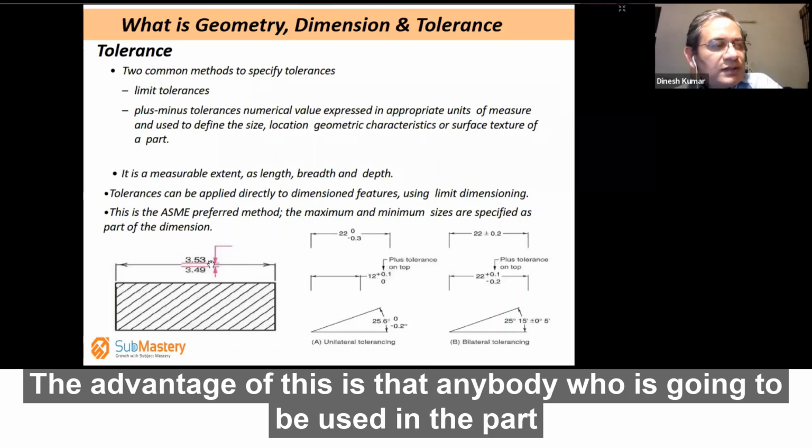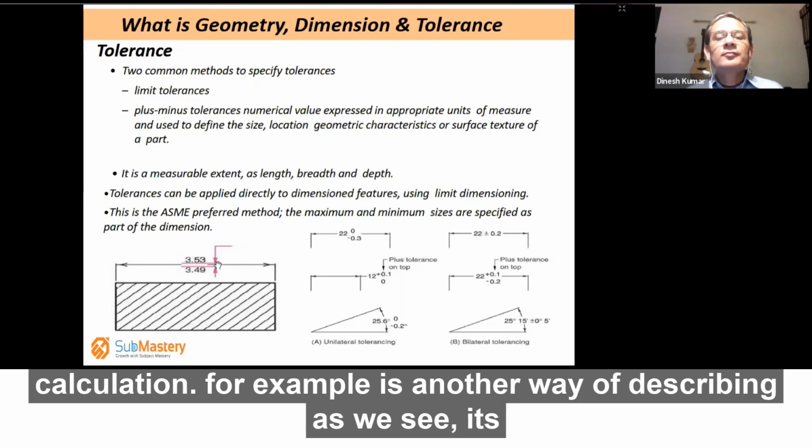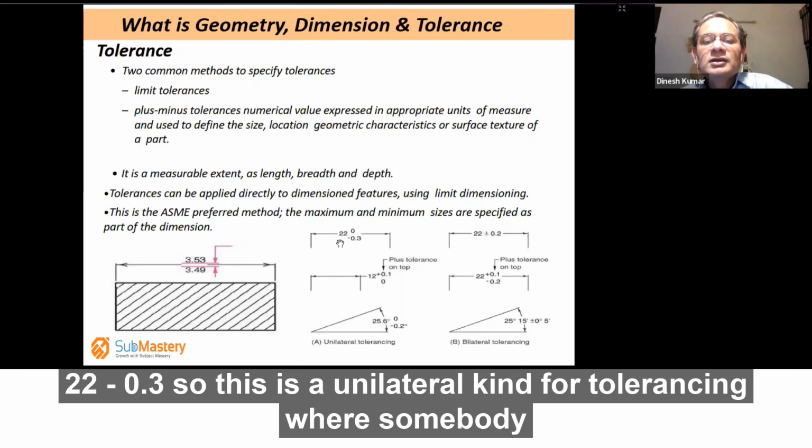The advantage of this is that anybody who is going to be using the part, looking at the part and working from it, need not have any kind of mental burden of calculation. Because, for example, another way of describing, as we see, is 22 minus 0.3.